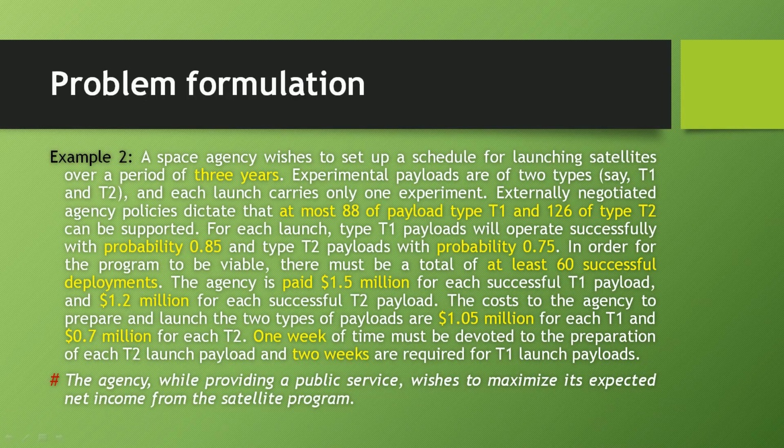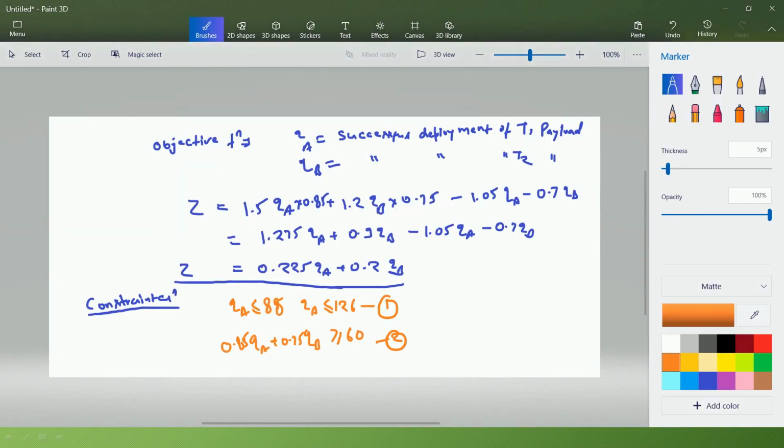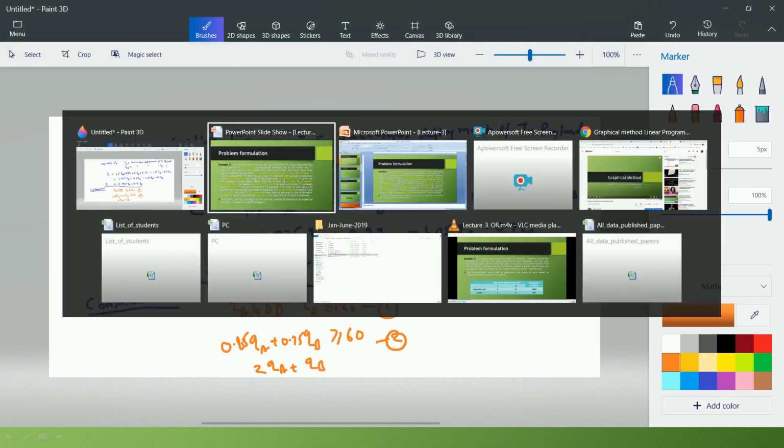And the only data left is 1 week of time must be devoted to preparation of each T2 launch and 2 weeks are required for T1 launch. So QA plus 2QB, it should be opposite actually, 2QA plus QB.